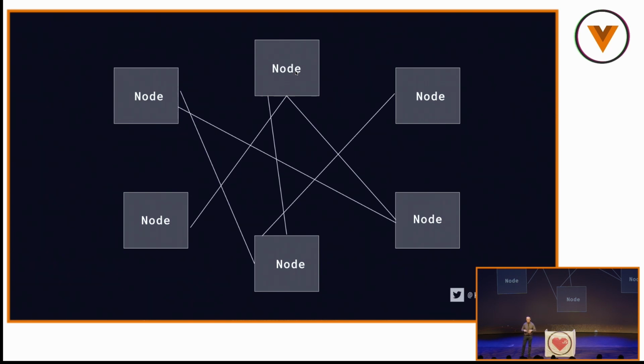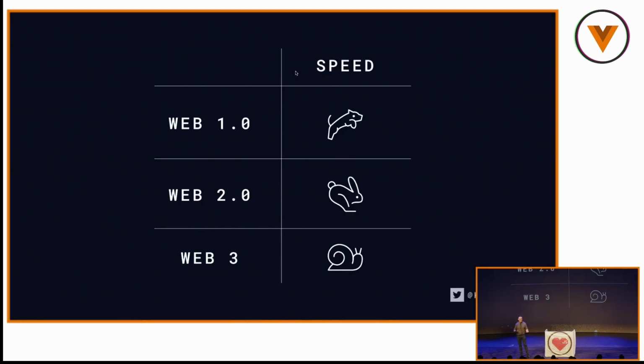Web3 has blockchains. You could connect with peers. You could use multiple technologies. But for me, it's the decentralization. This is the holy grail of Web3. And the main difference between Web 1.0, Web 2.0, and Web3 is the speed.